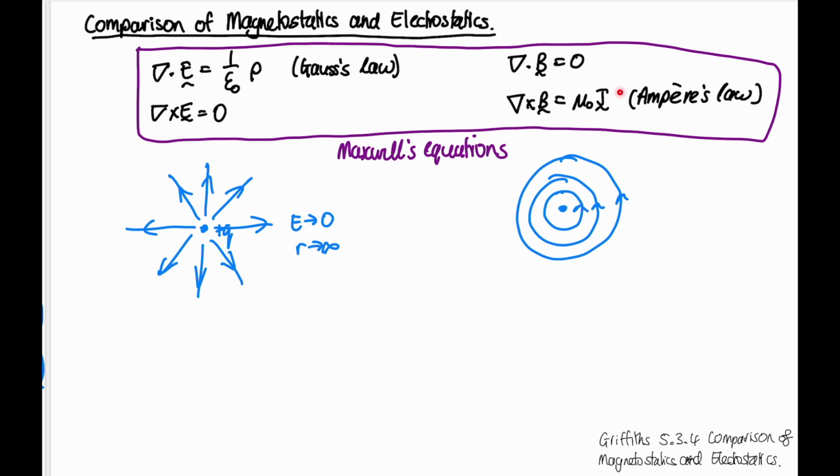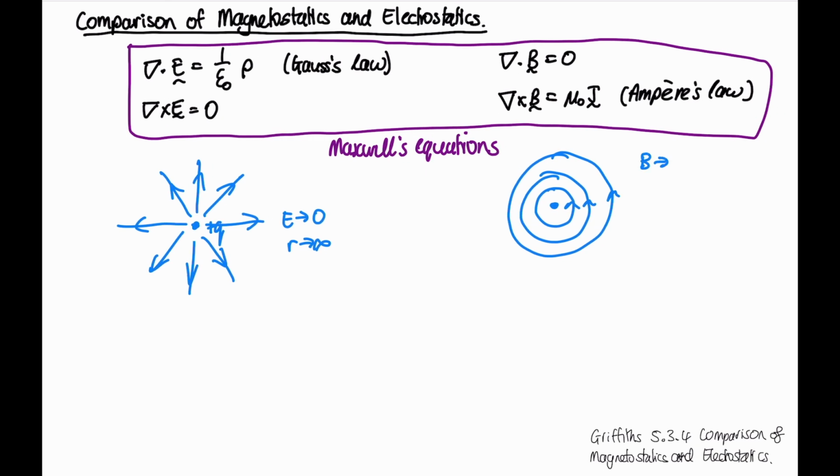And similarly, for the magnetostatic equations, as long as we assume that B goes to 0 as we get a long way away from the charge, then these equations tell us all about the magnetic field, given that we know the volume current density.